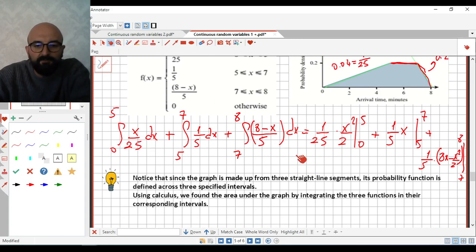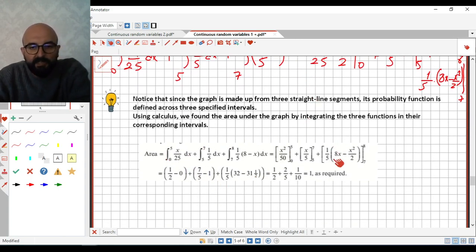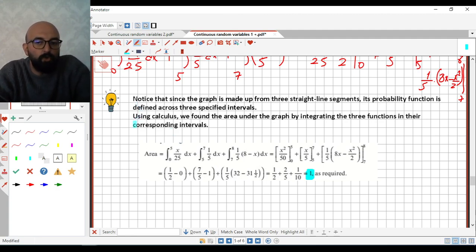If we compute this integration, we also find 1, and this situation shows us a probability density function.